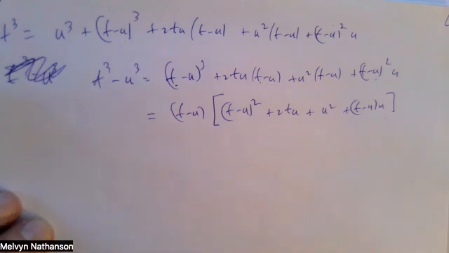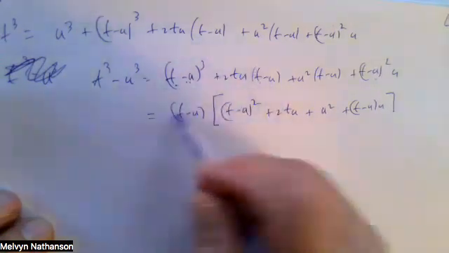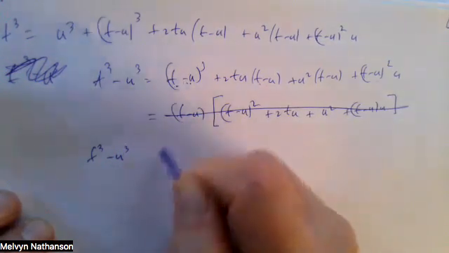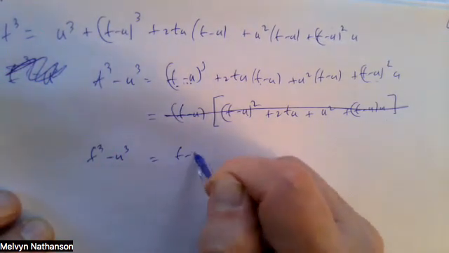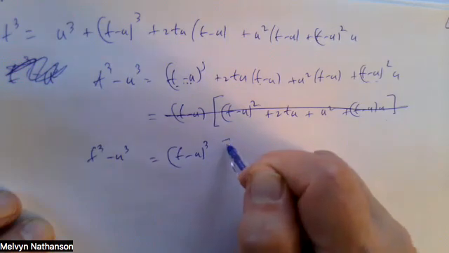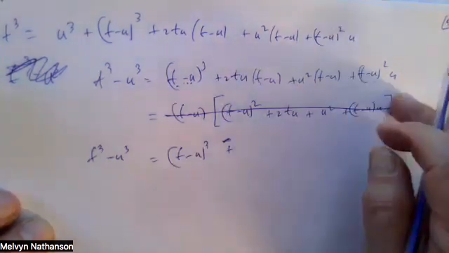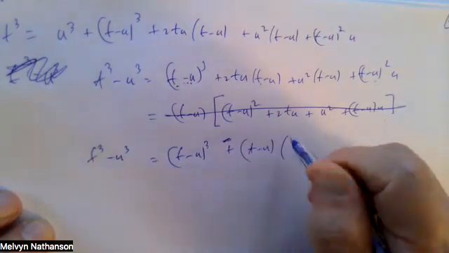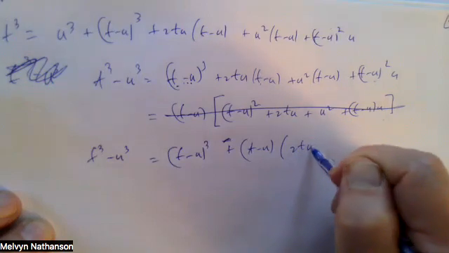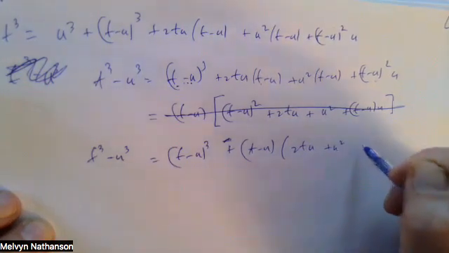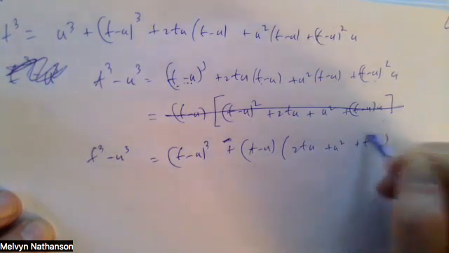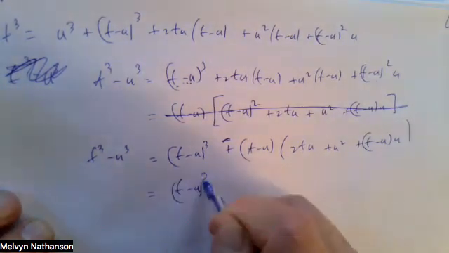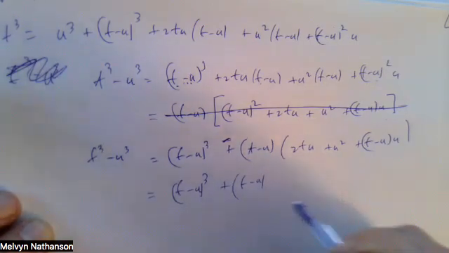That's correct, but actually, let me leave this term. This is completely correct, but I'm just writing this down again. t cubed minus u cubed equals t minus u cubed plus, and from these 3 terms, I'll factor out the t minus u. So I get 2tu plus u squared plus t minus u times u, which is t minus u cubed plus t minus u.